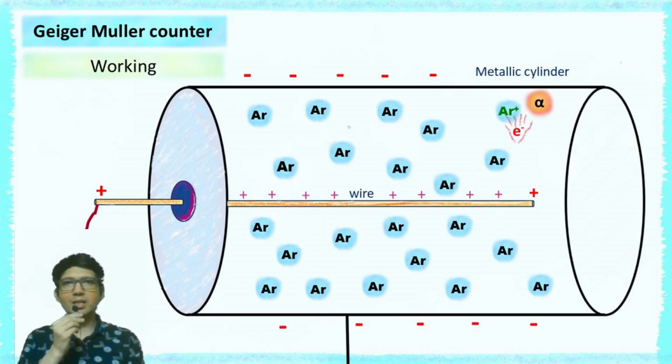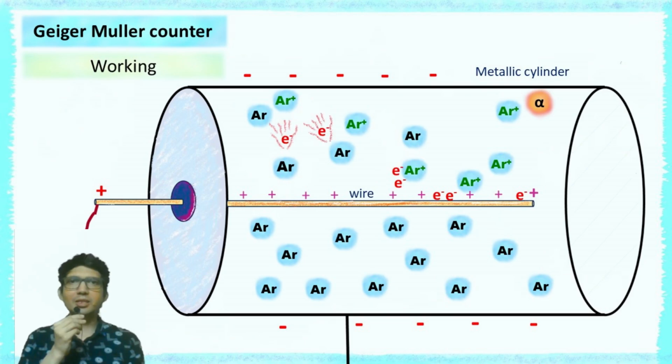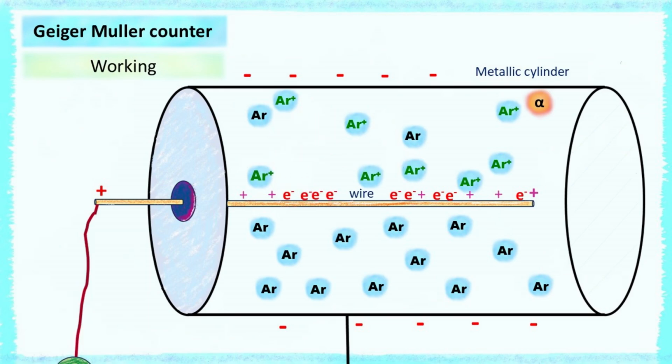The accelerated electrons have more energy. When the accelerated electron collides with other neutral argon atoms, these atoms also get ionized, producing an electron. This process again repeats, producing more number of electrons. This phenomenon is known as Townsend Avalanche effect.